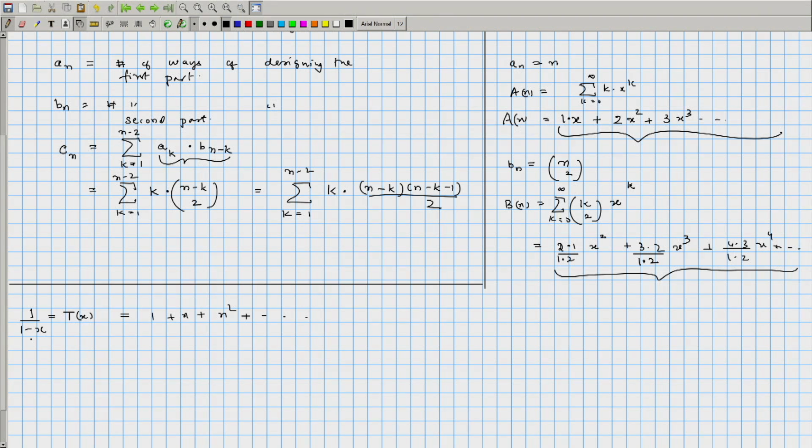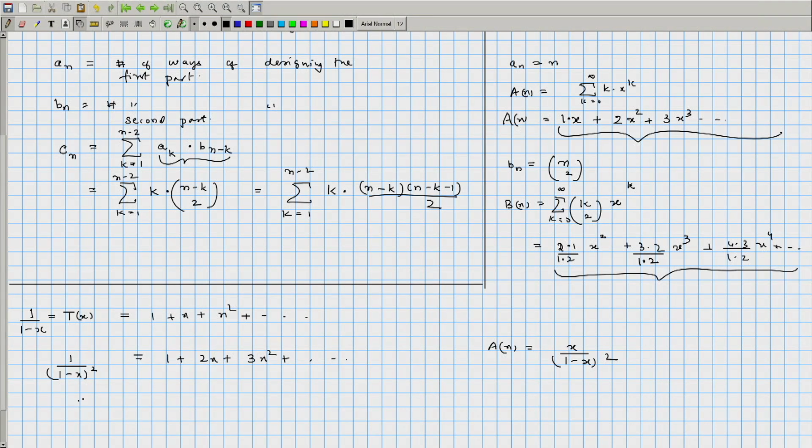Now, if you differentiate both sides, what we will get is 1 by 1 minus x raised to 2 is equal to 1 plus 2x plus 3x square and so on. That is pretty much same as Ax, just one x is missing. So, therefore, from this we can conclude that Ax is equal to x by 1 minus x the whole square.